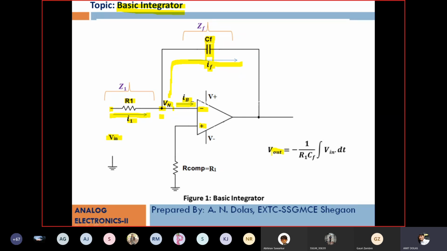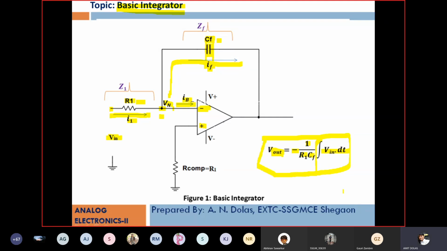And the output equation derived is equal to minus, the minus sign showing inverting amplifier or inverting mode of operation, minus of 1 upon R1 CF, this R1 and this CF, integral of V in dt. We'll derive this, don't you worry.